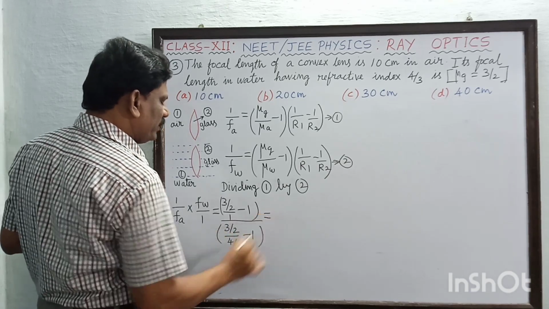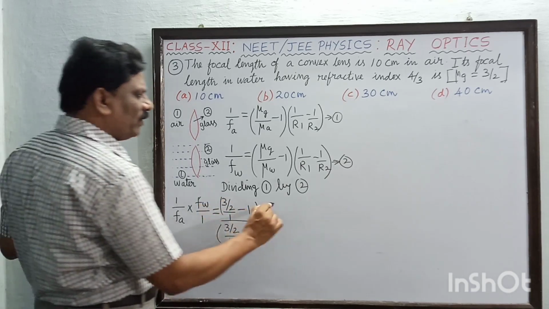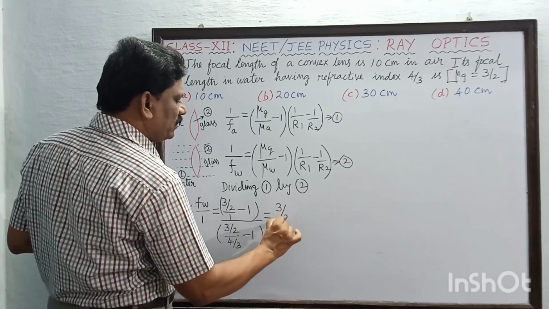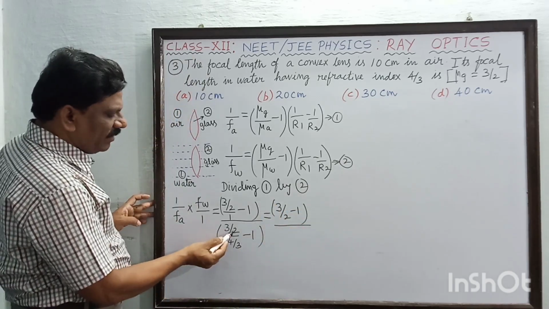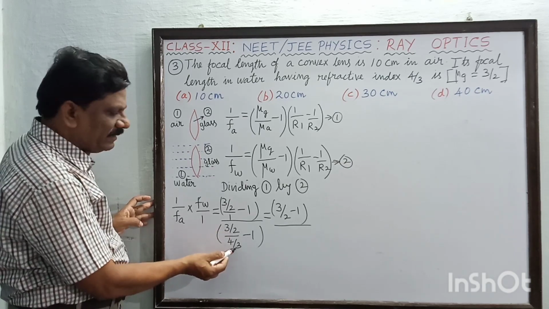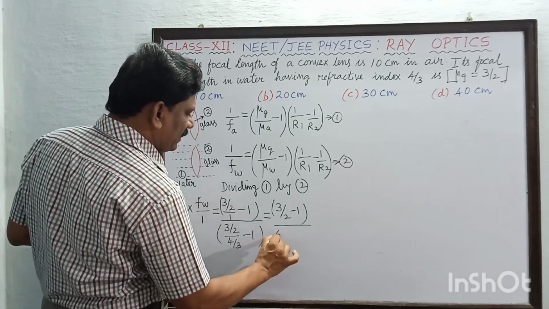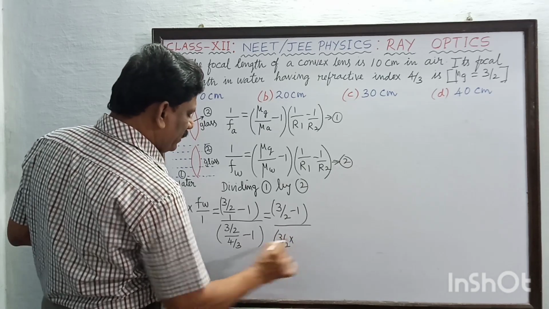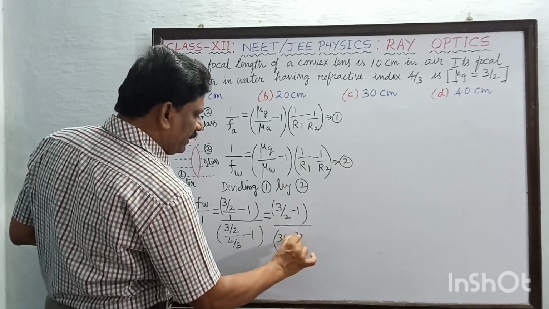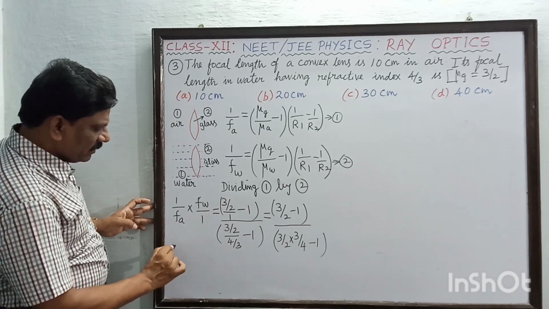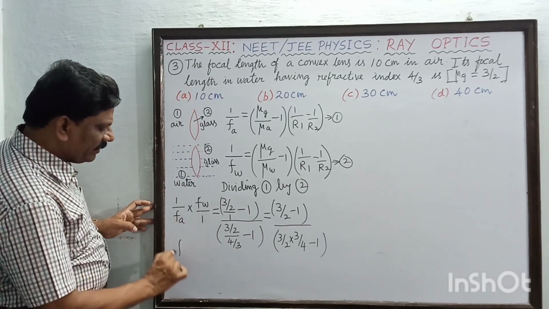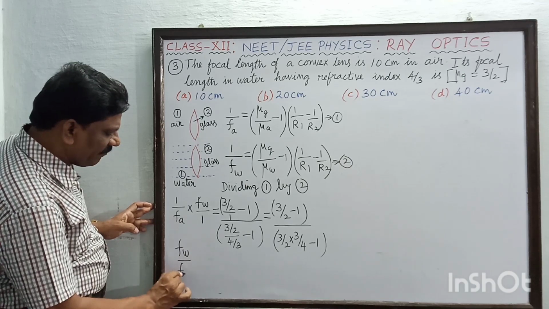So this is now equal to 3/2 divided by 1, which is 3/2 only, so 3/2 minus 1, whole divided by 3/2 divided by 4/3. This can be written as 3/2 into 3/4, minus 1. Now the left hand side will become f water divided by f air.